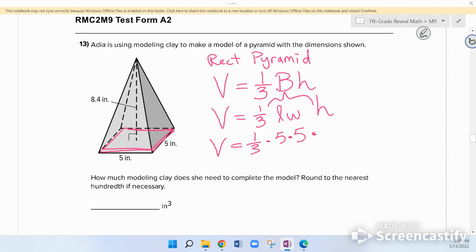And then the height always meets the base at a right angle, and so that's 8.4. So when we do the calculations, we get 70 inches cubed because we're doing volume. So how much modeling clay? It says how much modeling clay, which is a disguised way to say find the volume.